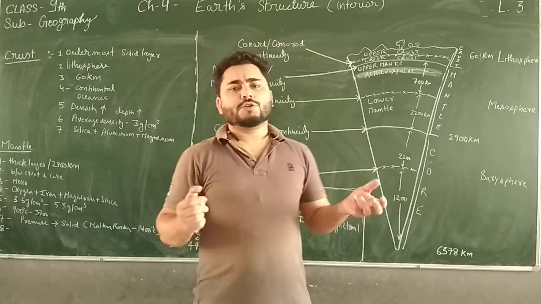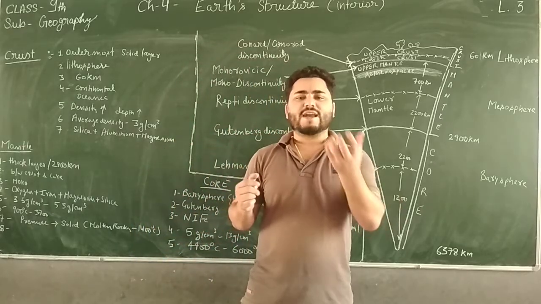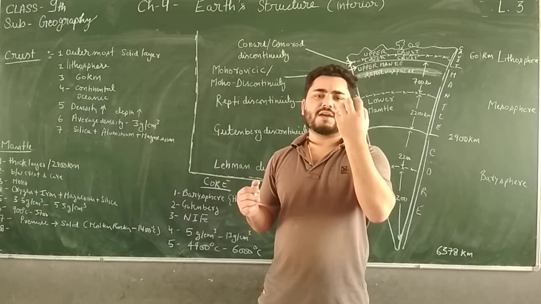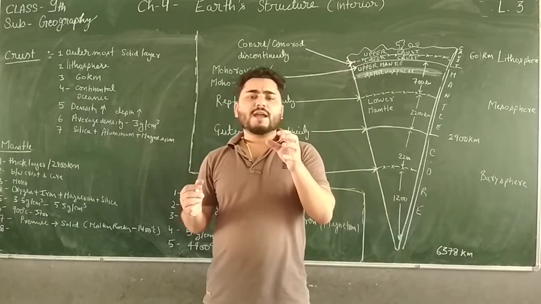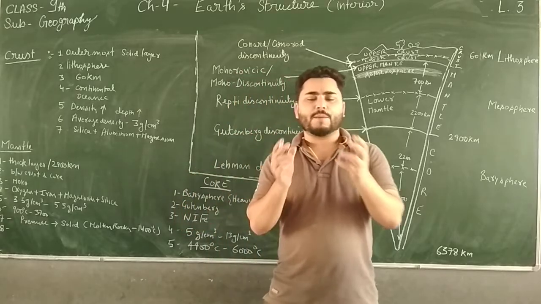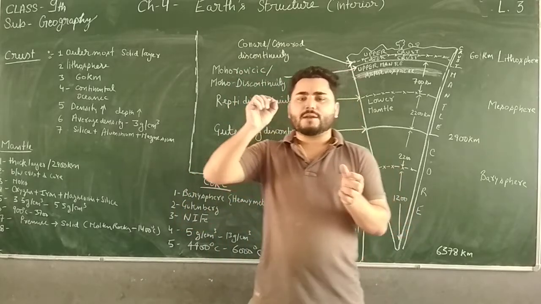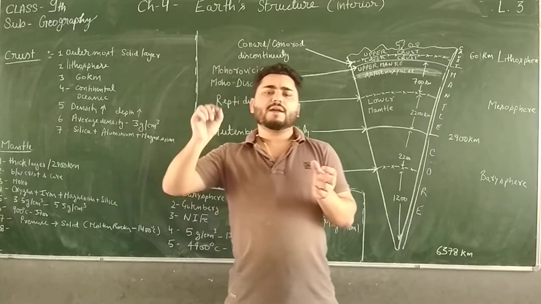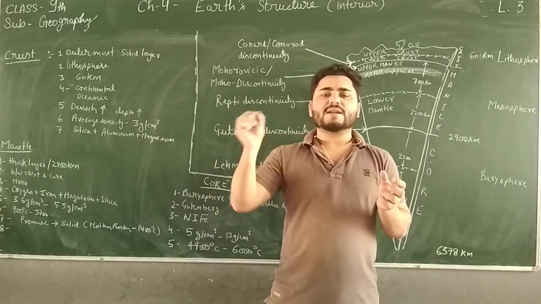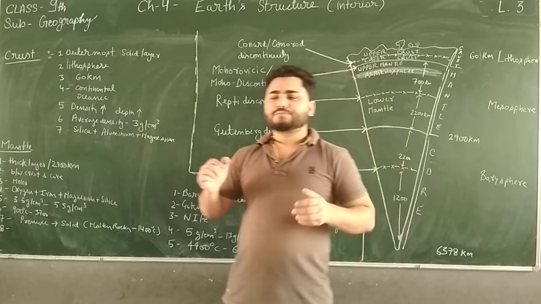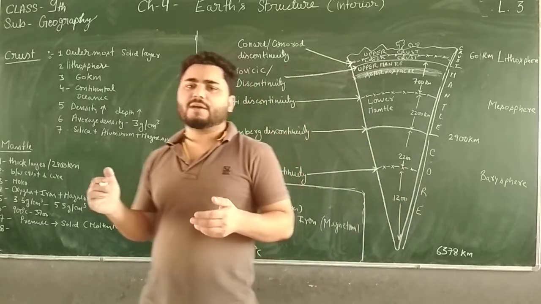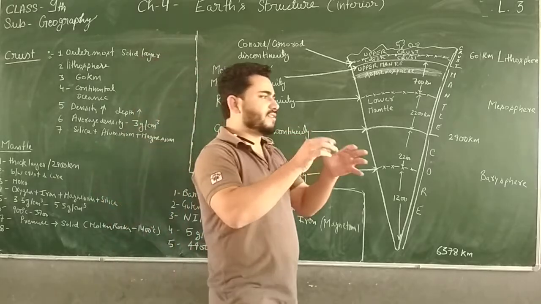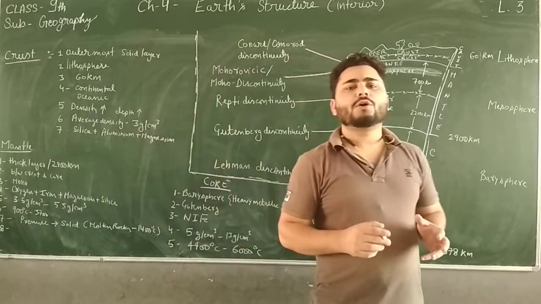If you want to understand the structure of Earth, just imagine that you have an apple, and the peel of the apple is like the crust. The peel of the apple is very thin, and that can be considered as crust. Then the pulp may be called the mantle, and inside, the area where we have seeds and all that, that is called core.